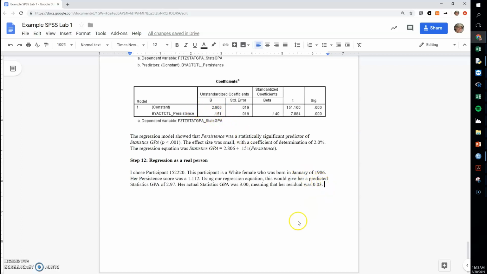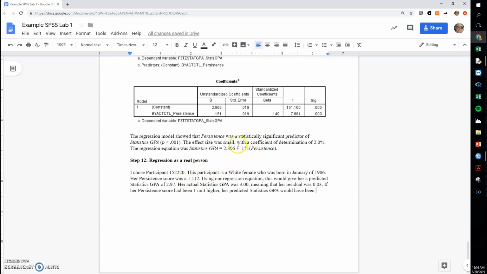So we're going to say, if her persistence score had been 1 unit higher, in other words, instead of a 1.112, she had a 2.112, her predicted GPA would have been... you're going to do the same thing that you just did, except instead of plugging in this number for persistence, you're going to raise whatever your number is by 1 and plug it into the equation.